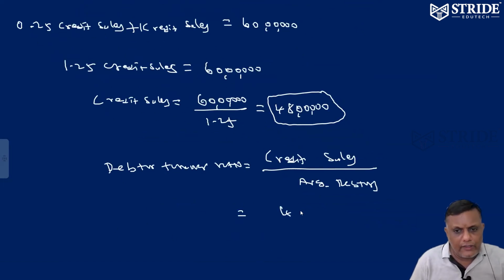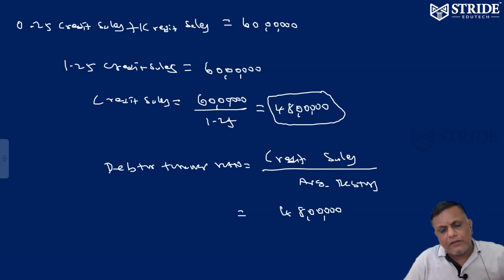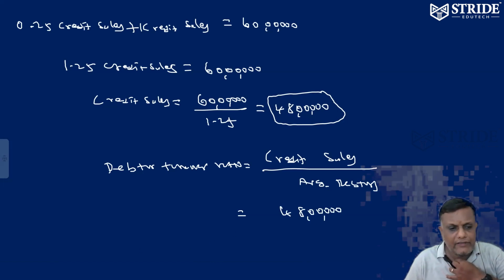Here I know credit sales, that is 48 lakhs. Please memorize: debtor turnover ratio is equal to credit sales by average debtors.